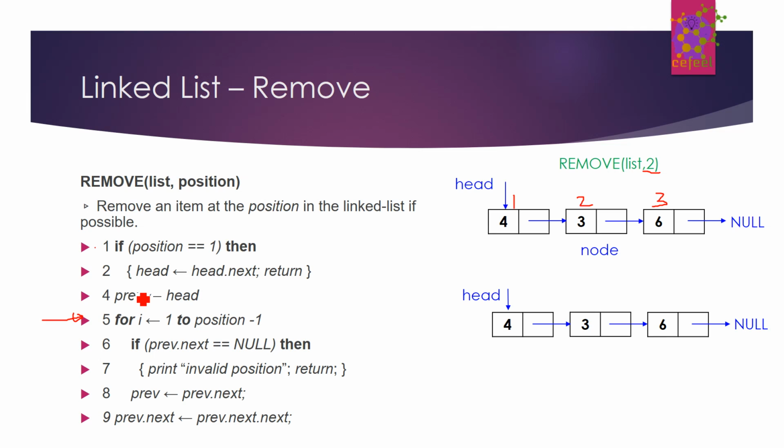We start with previous pointing to the head in step 4, and then move position minus 1 times, which is 2 minus 1, which is 1. So we will not go into this loop because i is already 1, so we skip the for loop here. We don't have to move it because position is 2 and position minus 1 is 1. So we will just go to step 9 directly.